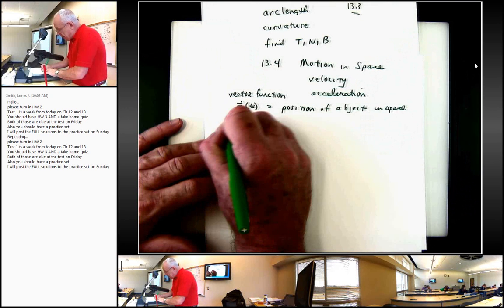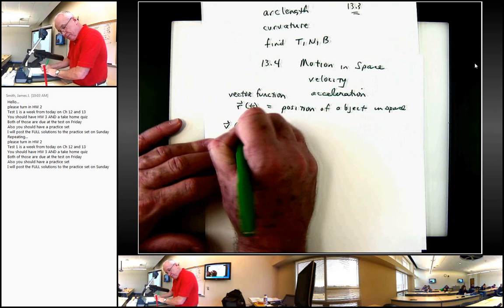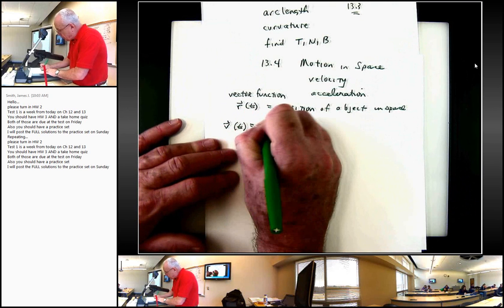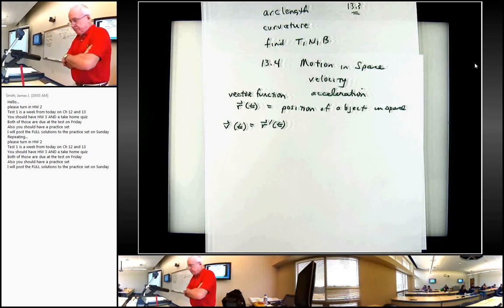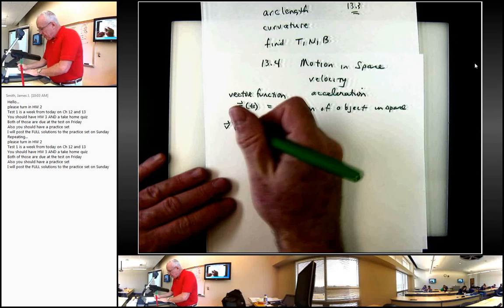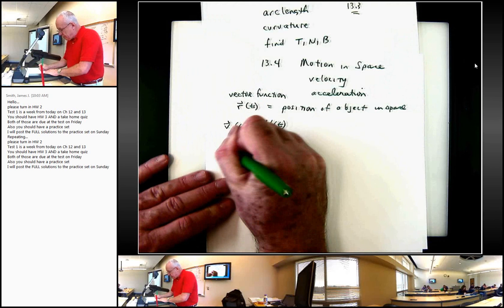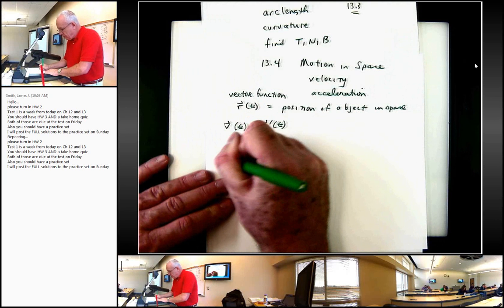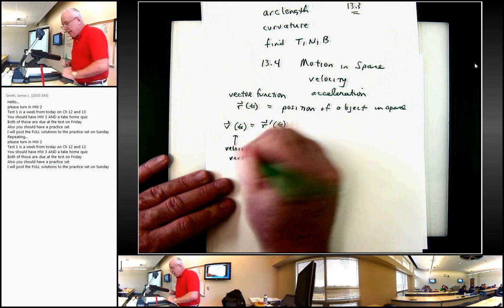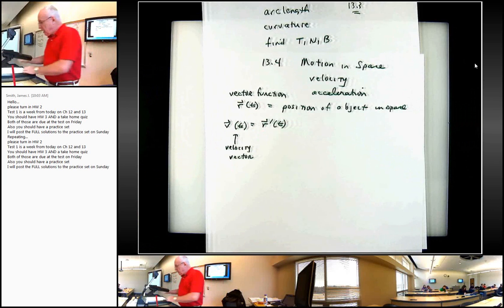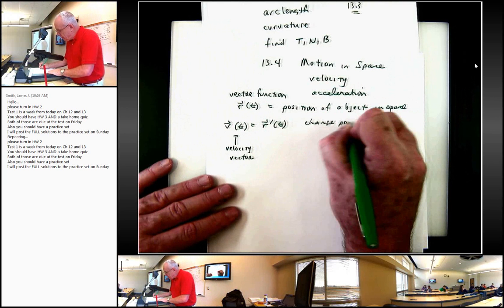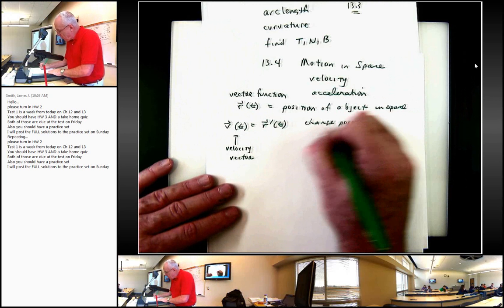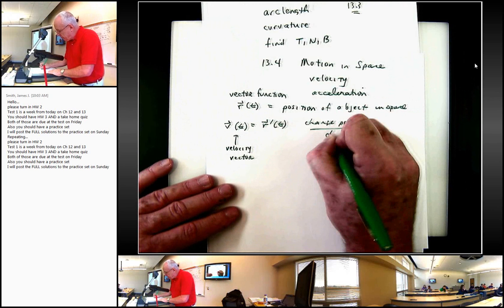So the velocity vector is equal to the derivative of the position vector. Okay, so this is the velocity vector, and it's the derivative of that, because we're talking about change of position over change of time.